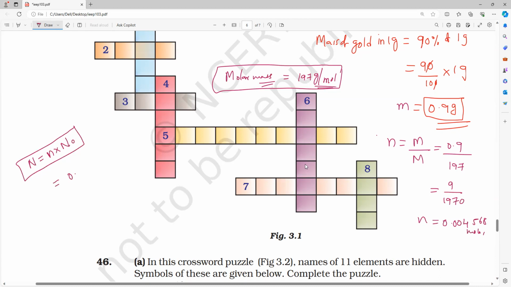Avogadro number. So number of moles is 0.000458 into Avogadro number 6.022 into 10 power 23. So multiply it and tell me what is the answer. You'll get 6.022, that alone you multiply. So you'll get the answer 0.0275 into 10 power 23.